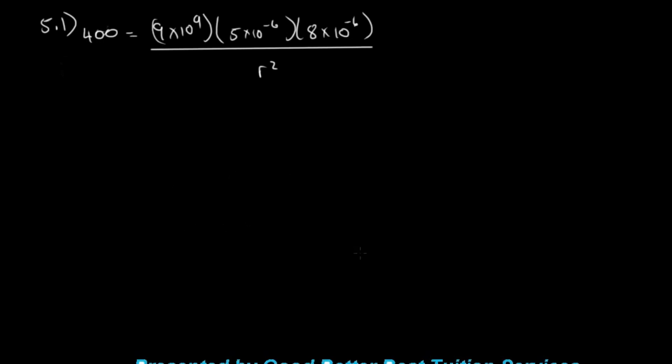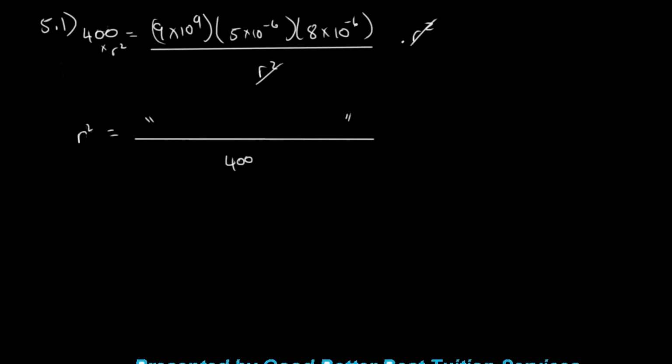So what that basically means is that the top side is going to stay the same. Then we get rid of the R squared on both sides, multiply by R squared, then divide both sides by 400. So we're going to end up with R squared equal to all of this divided by 400.